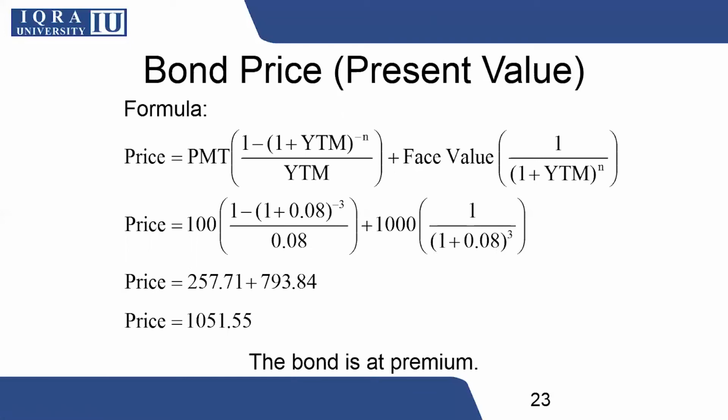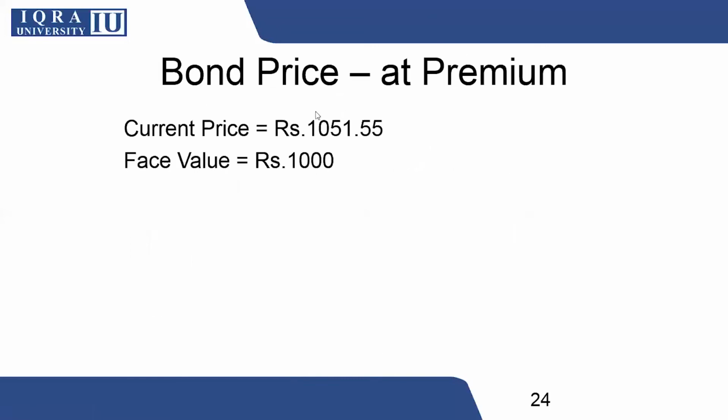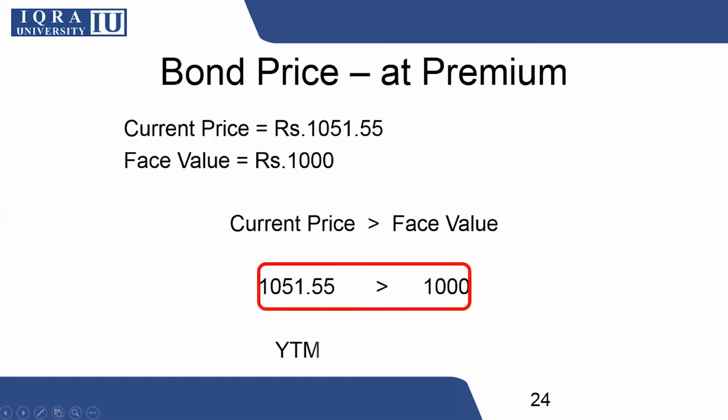Now here the bond is at a premium, and how we say it is a premium, we can understand through here. The current price of the bond is 1051 as we calculated, and the face value of the bond is 1000. So when you compare it, you can see that the current price of the bond is greater than face value. Whenever this kind of situation arises, we say that the bond is at a premium. So this is the position, and under what condition is it possible?